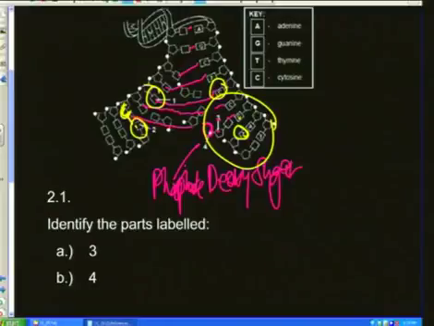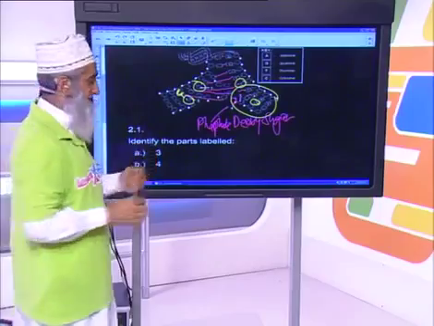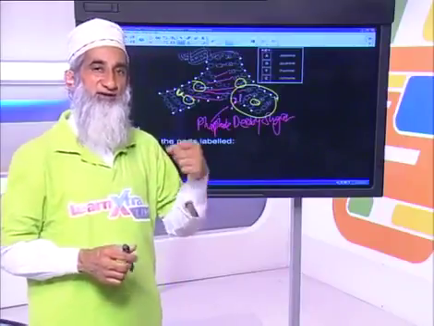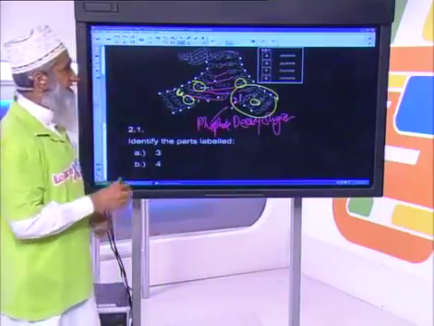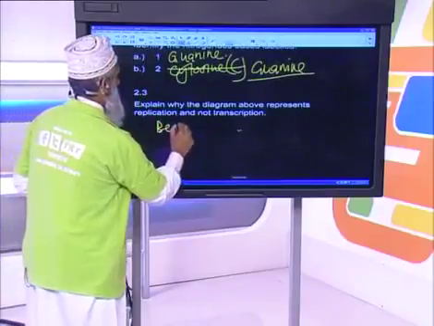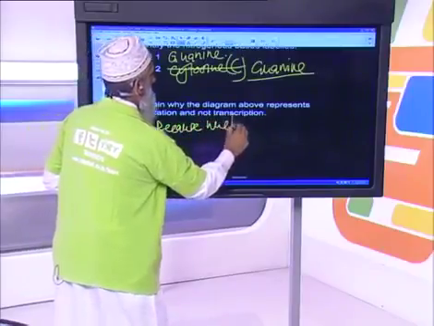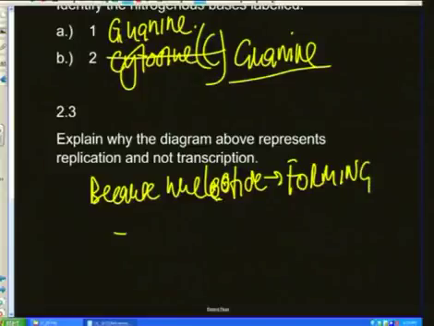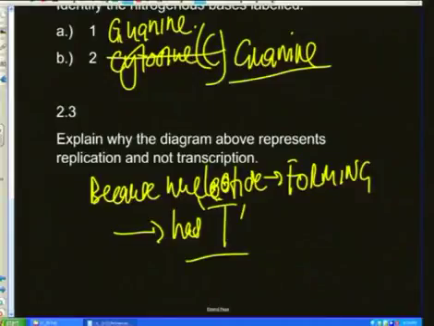And because of that, this will show that this is replication and not transcription, because transcription involves a messenger RNA, and messenger RNA would have uracil and not thymine. So because the nucleotide forming has thymine, therefore it cannot represent messenger RNA.